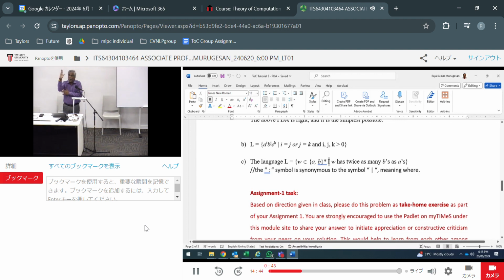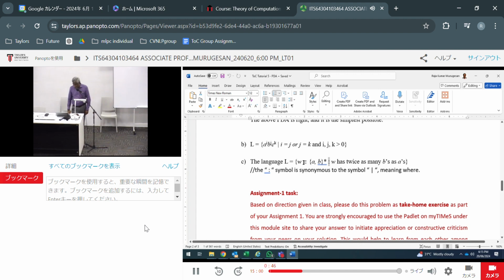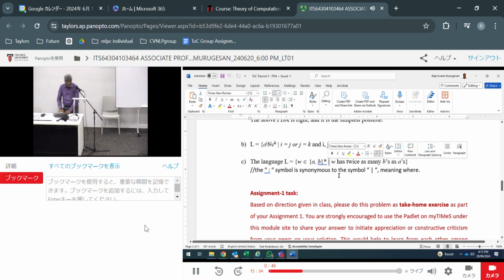The vertical bar, we read it as 'where'. So this colon also means where. Set of strings that are elements of (A or B) Kleene star, where the string has twice as many B's as A's.